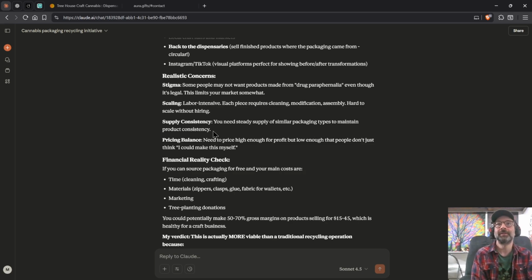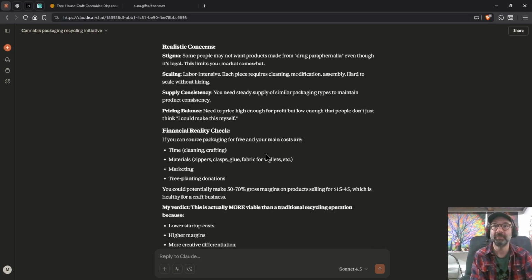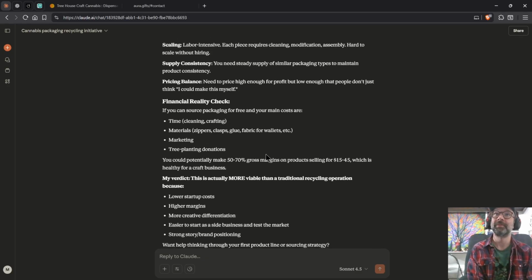No problem there. The consumption rate for this kind of stuff, especially with the number of dispensaries, I could go to bigger cities even if I needed to. I don't think that's going to be a problem. Pricing balance. Need to price high enough to profit but low enough that people don't think I could make this myself. Sure, you could, but they're going to be so nice for $5 or $10 that you won't want to. You'll just want to buy it because it would take you hours to do this kind of stuff yourself.